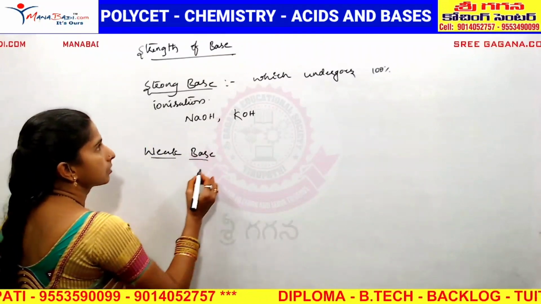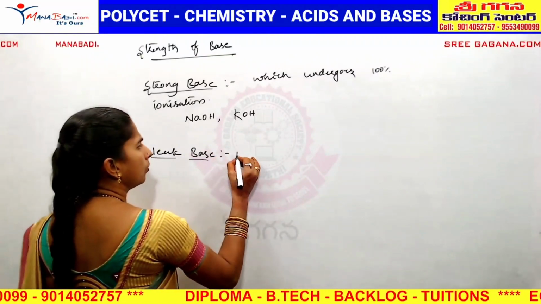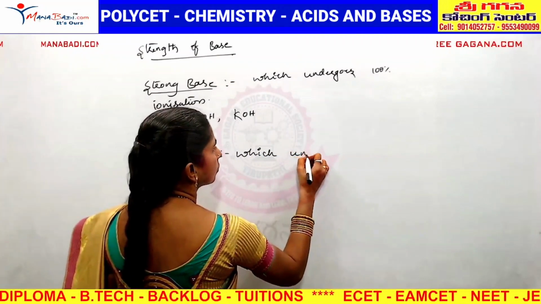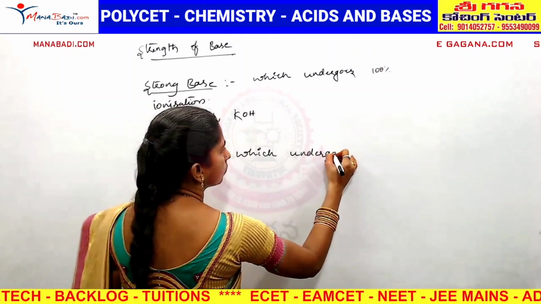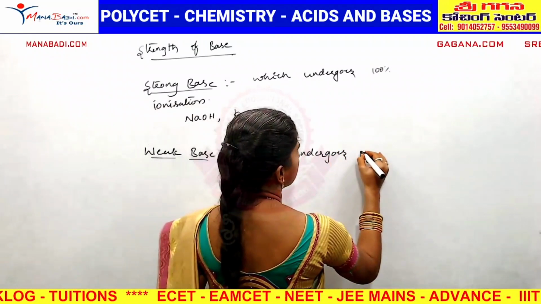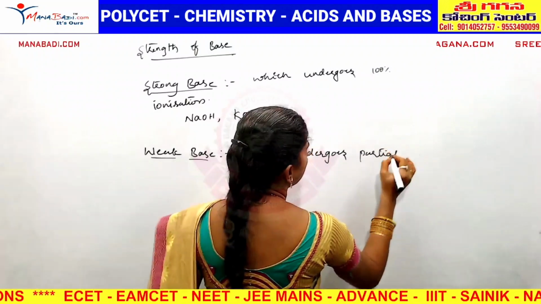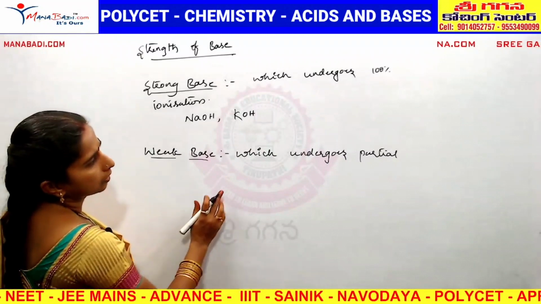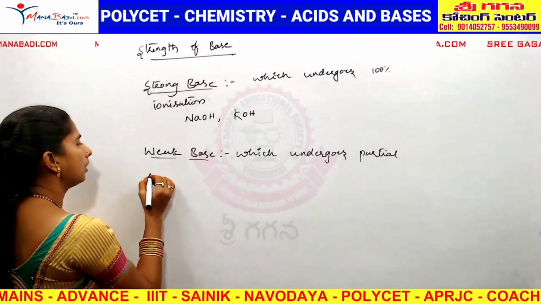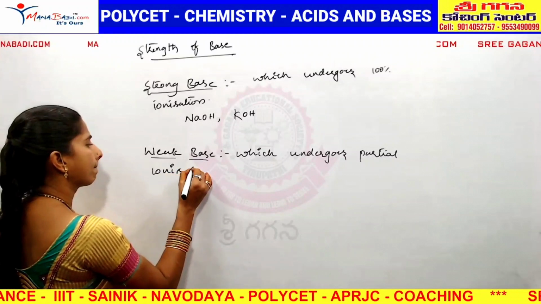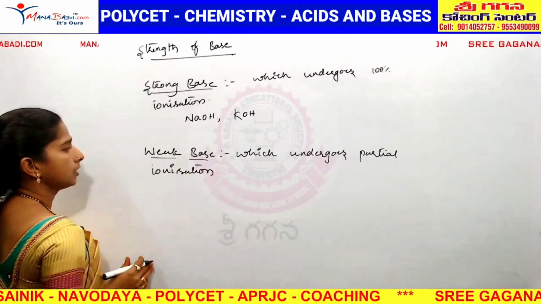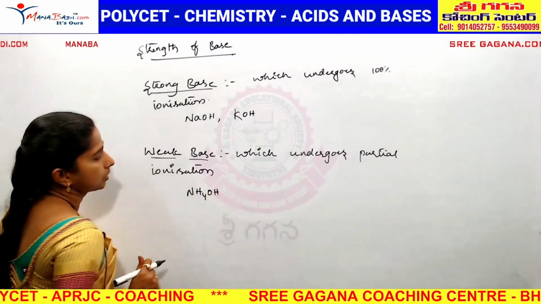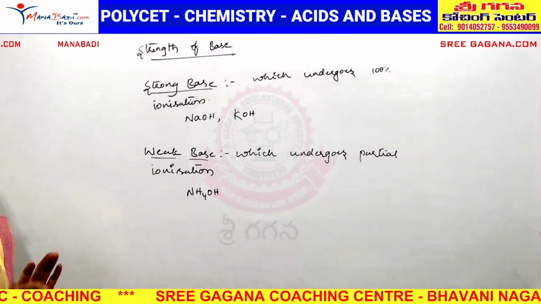And weak bases undergo partial ionization. I already gave the definition for ionization, so I am explaining that. So partial ionization. For example, NH4OH is an example of a weak base.